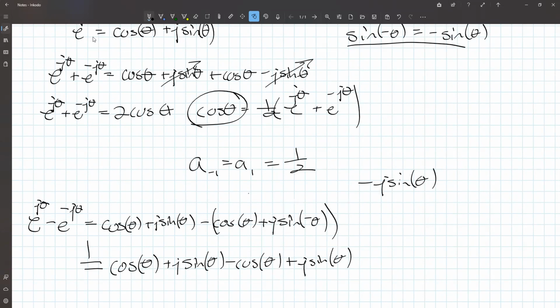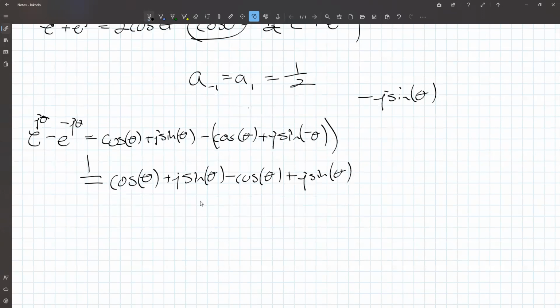Does everybody understand how I went from this to this? Yep. Okay. And now looking at this, we can see that this cosine and this cosine are going to cancel out. So I get e to the j theta minus e to the negative j theta. And if I divide that by 2j, then I get sine theta.